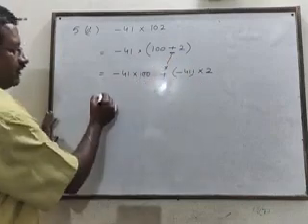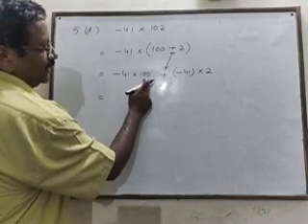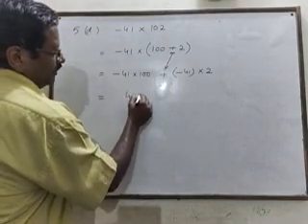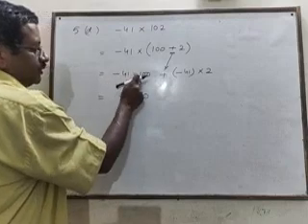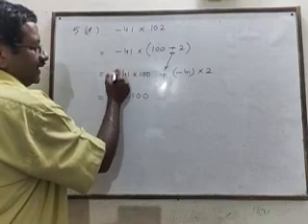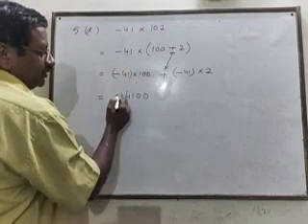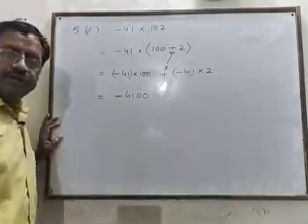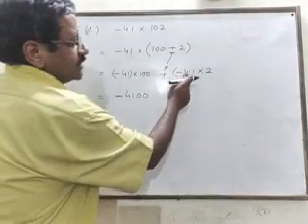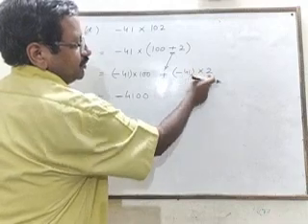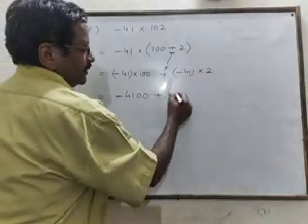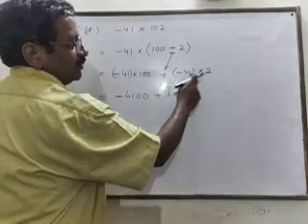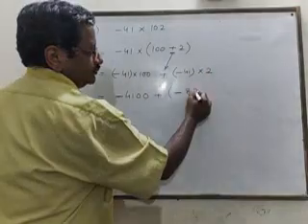So minus 41 multiply 100, it will be 4100, but sign according to chart, one number is negative, another is positive, so negative sign will be there according to chart. Here also one number is negative, another is positive, so negative answer will be there. 41 times 2 is 82.